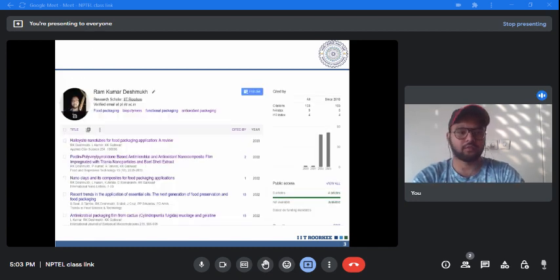Now this is the Google Scholar profile. These profiles look like your Facebook or LinkedIn profile, where you can see your research articles. When you are doing research or you are in academia, you publish some papers.